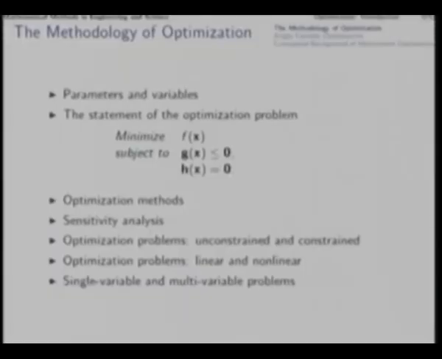A typical statement of an optimization problem goes like this: you want to minimize a function of x subject to certain constraints. There may be an optimization problem in which there are no constraints, or there may be one in which there are constraints. Constraints are again of two kinds. One is inequality constraint, the other is equality constraint.